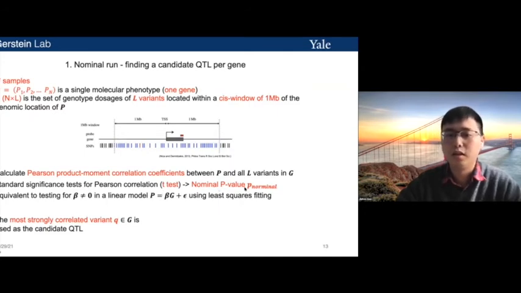You have the nominal p-value for each SNP you test. And among all the SNPs you test, you could find one SNP, let's say Q, that has the most significant p-value. And that SNP Q is considered as your candidate QTL.